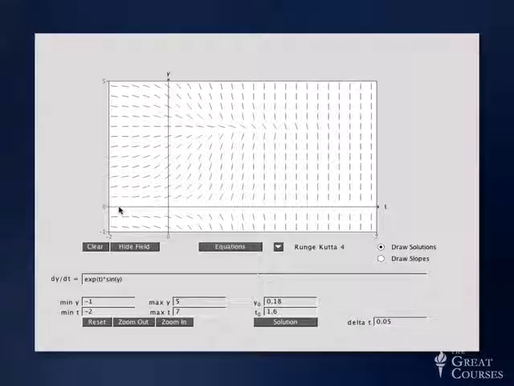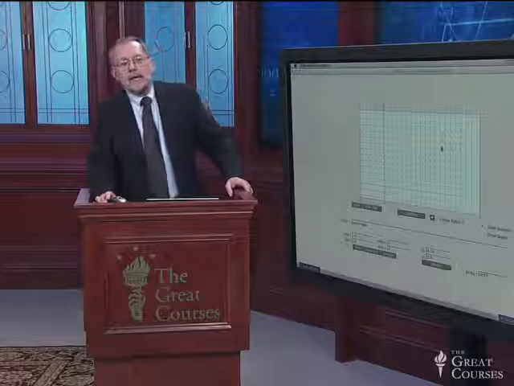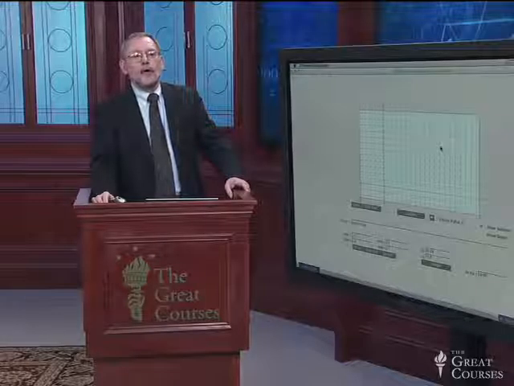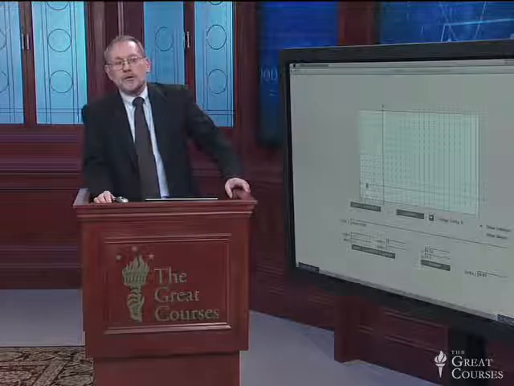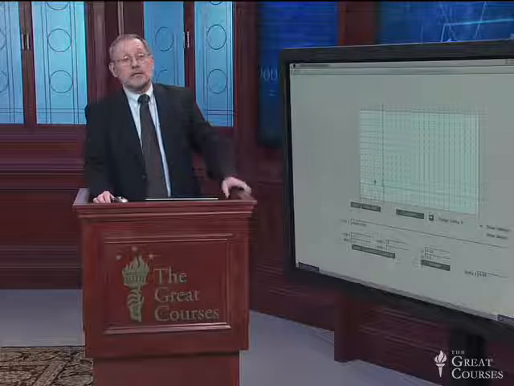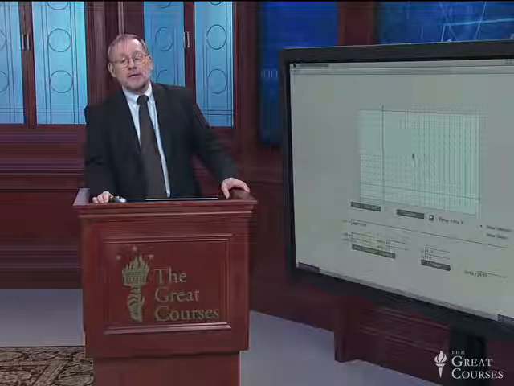Sine y also vanishes at y equals pi. You can see an equilibrium solution right up about here at y equals pi. And now e to the t times sine y for y between 0 and pi, sine y is always positive. So the slope fields are always increasing.